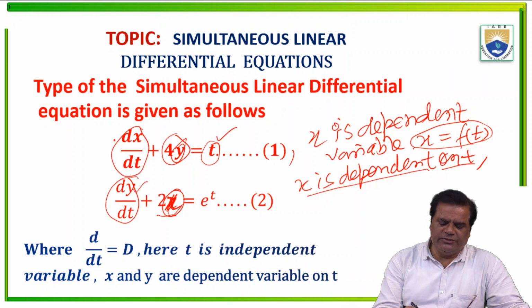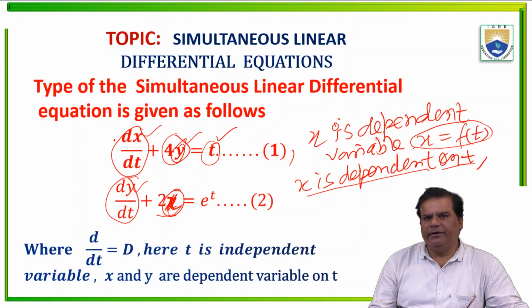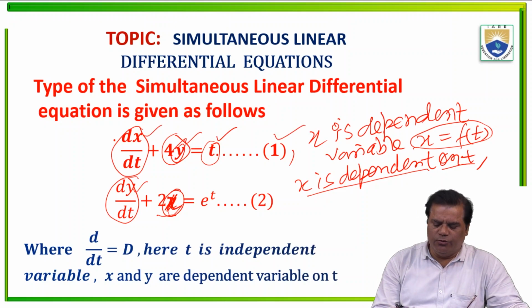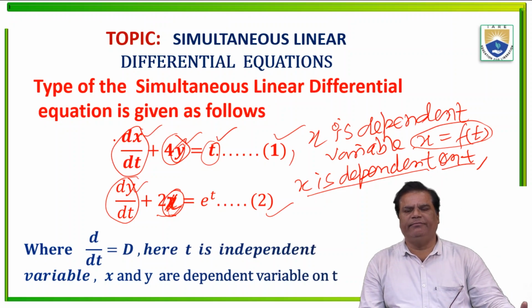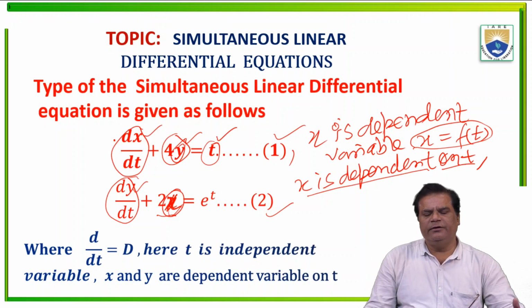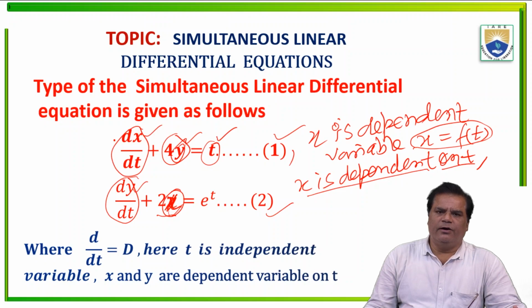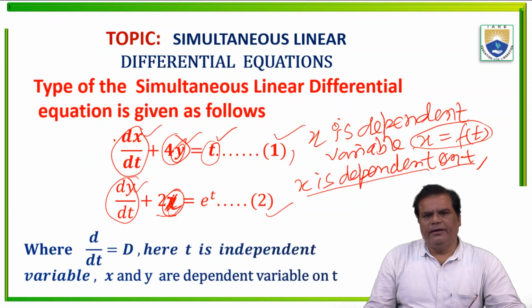In equation first, y is a dependent variable and x is a dependent variable. In both equations 1 and 2, t is the independent variable. In both equations, two variables occur, x and y, and both are dependent variables, dependent on t.